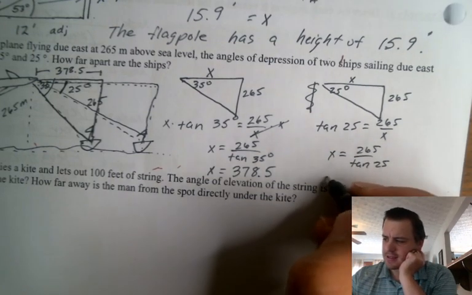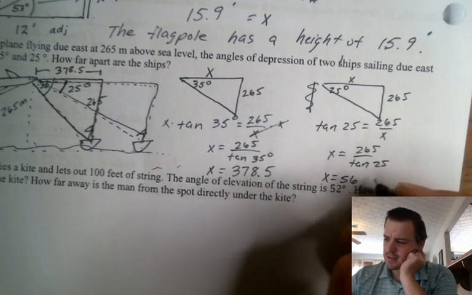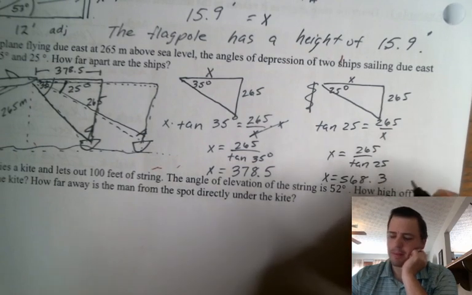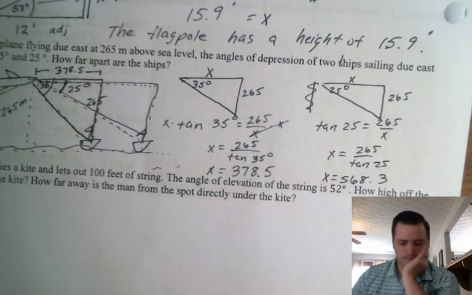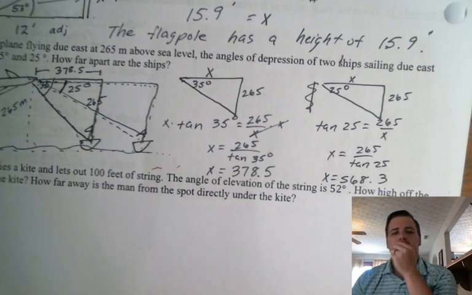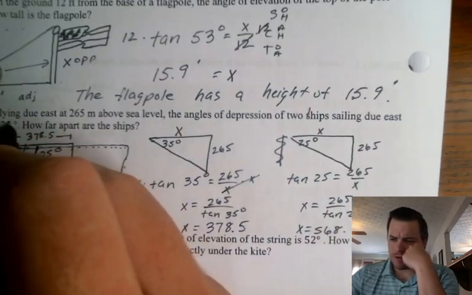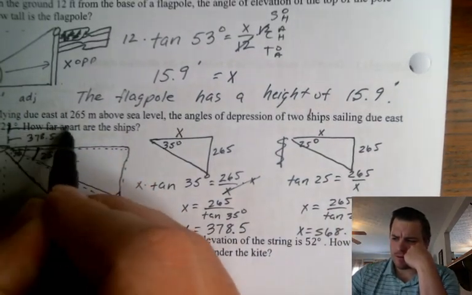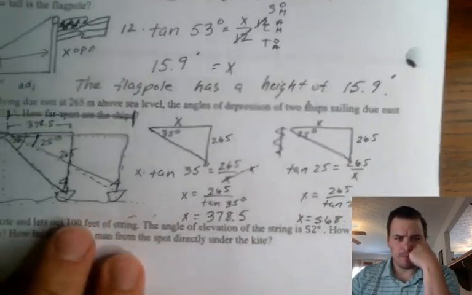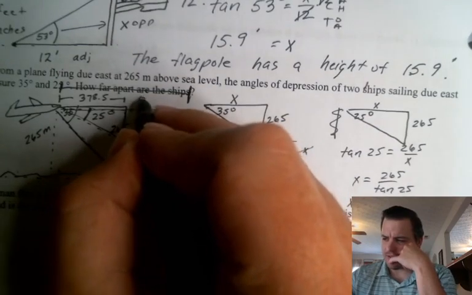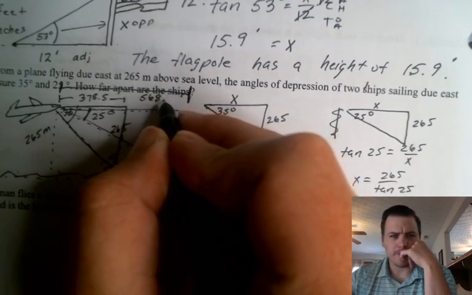And that's x equals 568.3. So from here to here is 568.3.